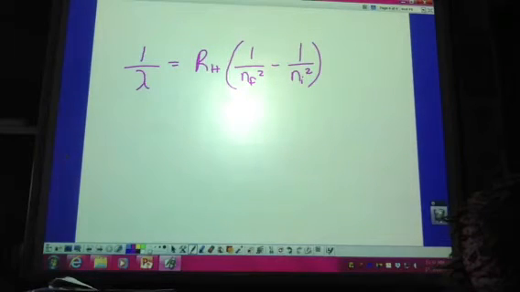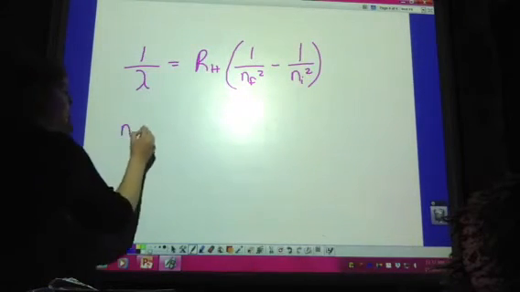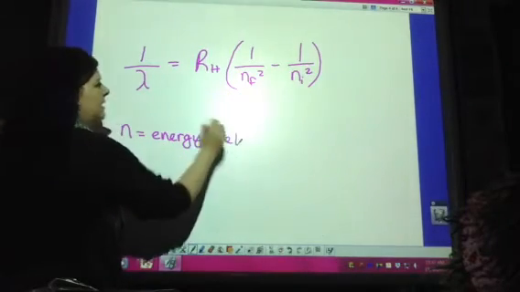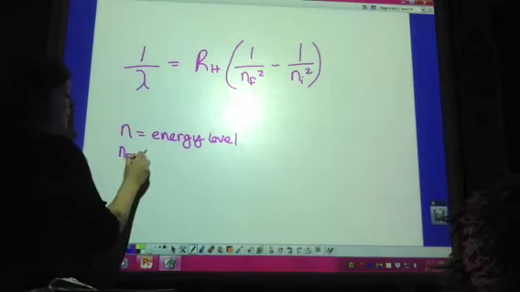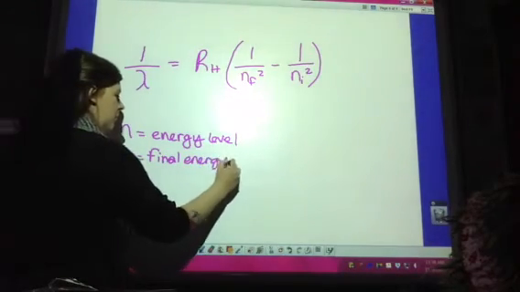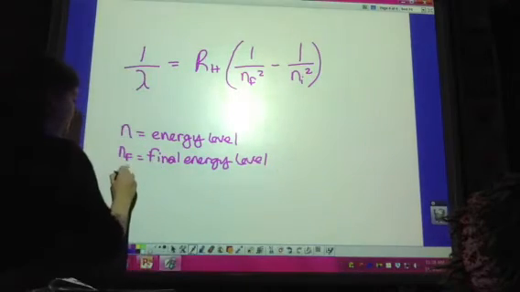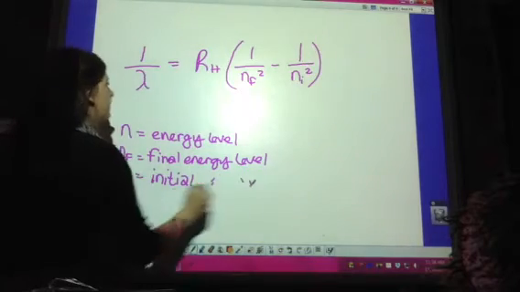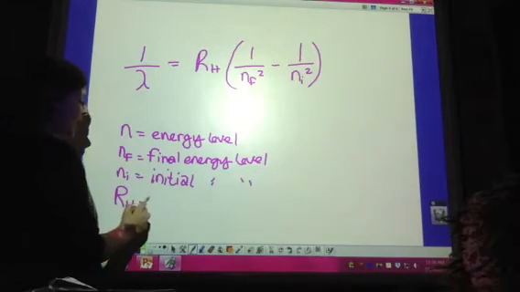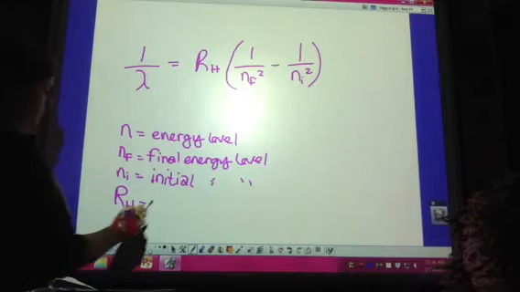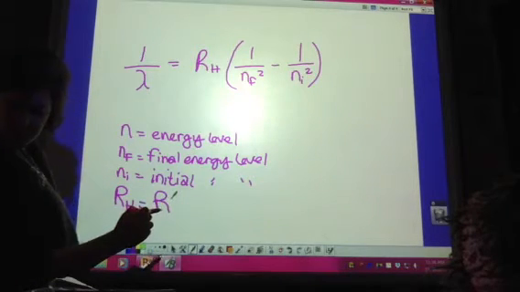Now, n, we said, was energy level. nf specifically would be final energy level. ni would be initial energy level. RH is called the Rydberg constant, and I don't want to spell this wrong.